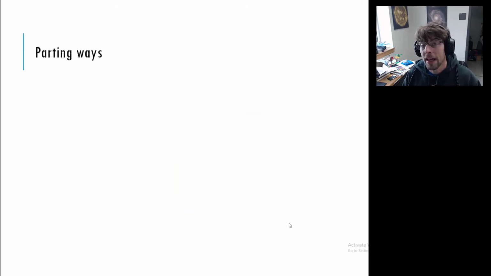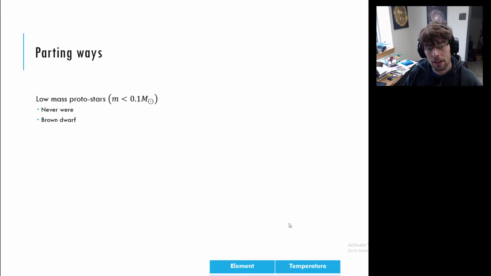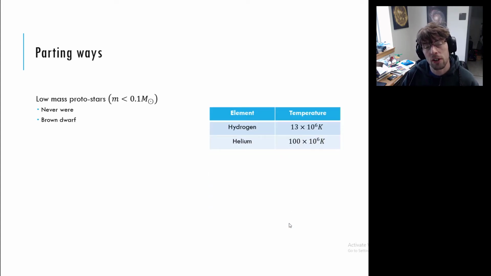So, parting ways. Here is where we have to actually make the distinction between low, medium, and high mass stars. Now, low mass stars, the protostars, I called them the never-weres. When they're less than about 1/10 of a solar mass, they are not able to start hydrogen-hydrogen fusion in the core. So that's why we call them brown dwarfs, but they're technically not even a star.